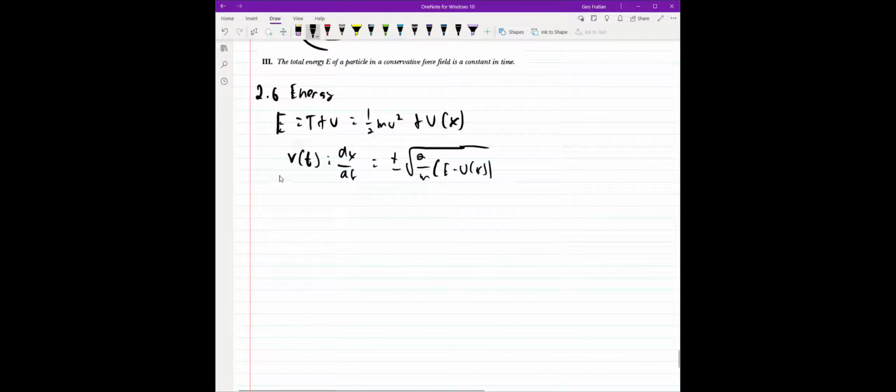But anyways, that immediately tells us that if we integrate this, t minus t naught is equal to the integral from x naught to x of dx over the square root of 2 over m times E minus U of x, and then we basically solved the one-dimensional case.